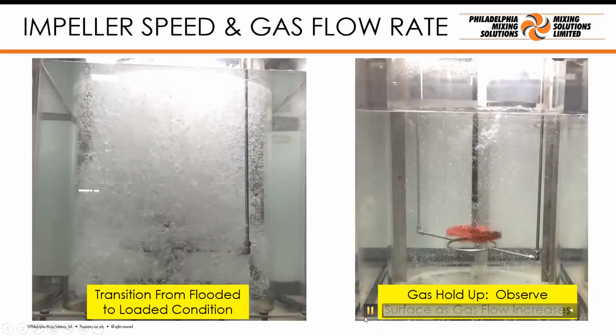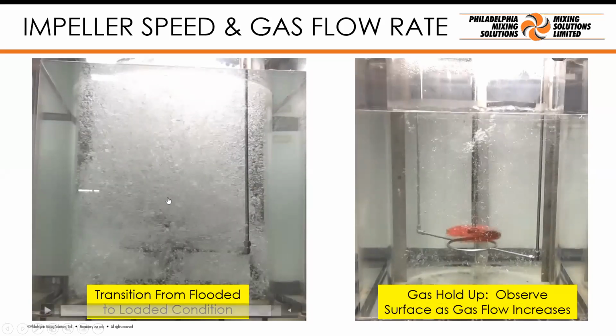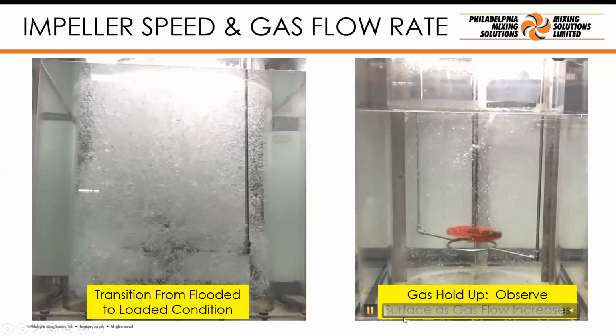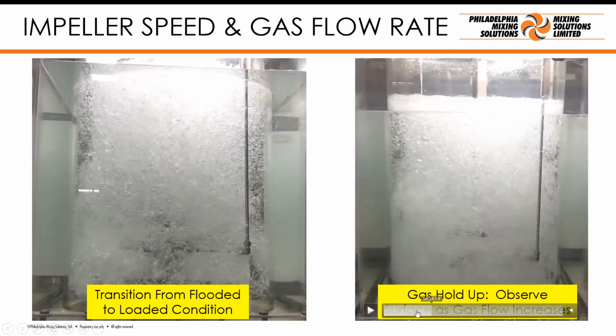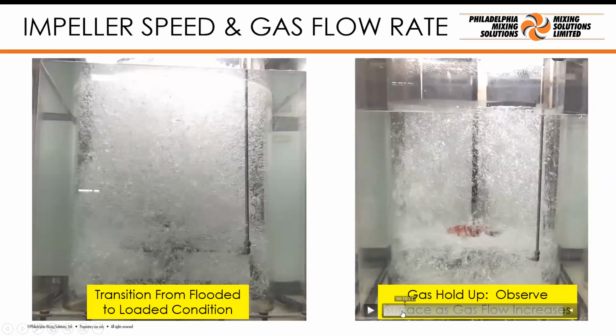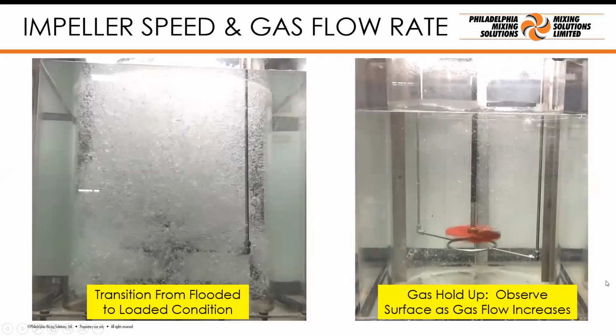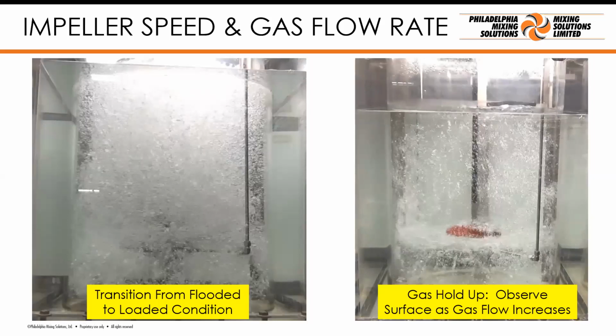Let's start this one. What we're going to do here is run the impeller at a certain speed, and then we're going to turn the gas on. So here comes the gas.